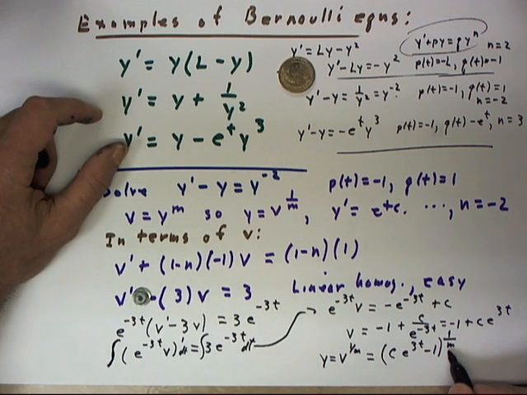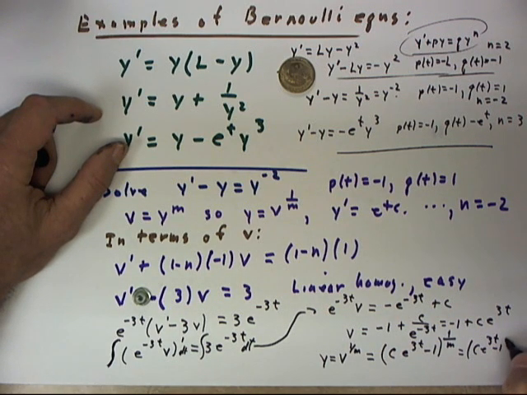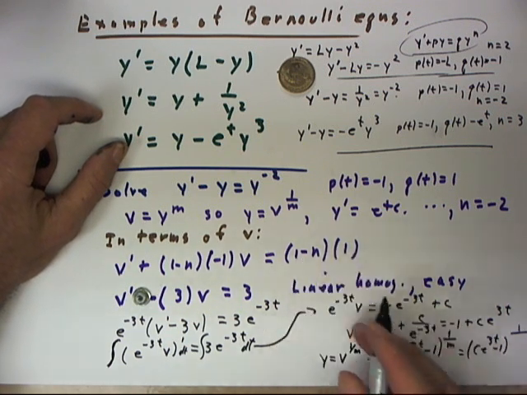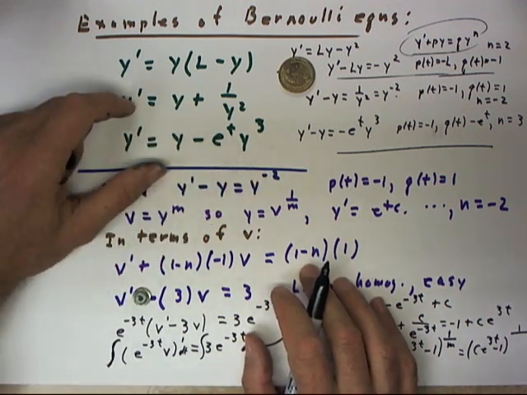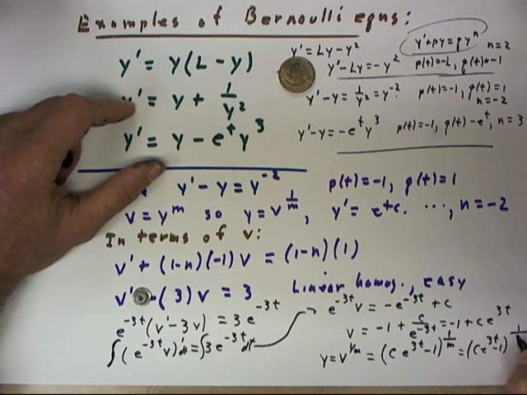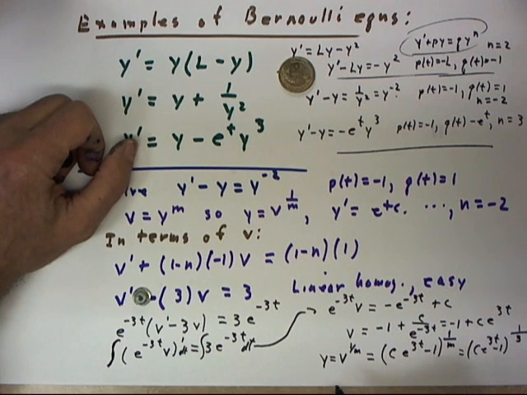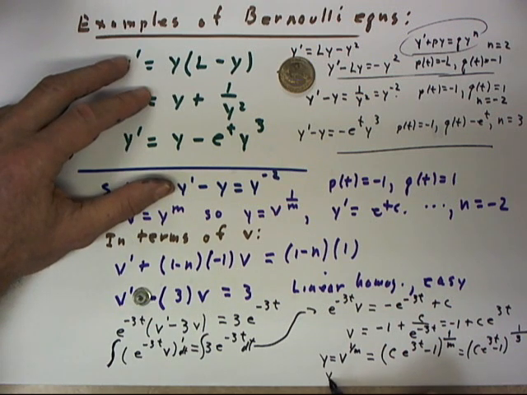Since m is 1 minus n, make sure I write this down correctly, this is going to be 1 over 1 minus n, and n is the power of y, which is negative 2, so that's going to be the 1/3 power, so that y can be written as the cube root of c e to the 3t minus 1.